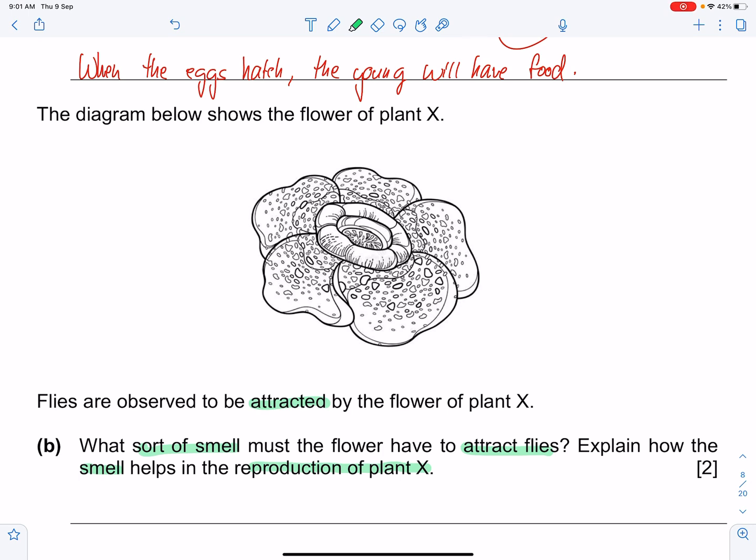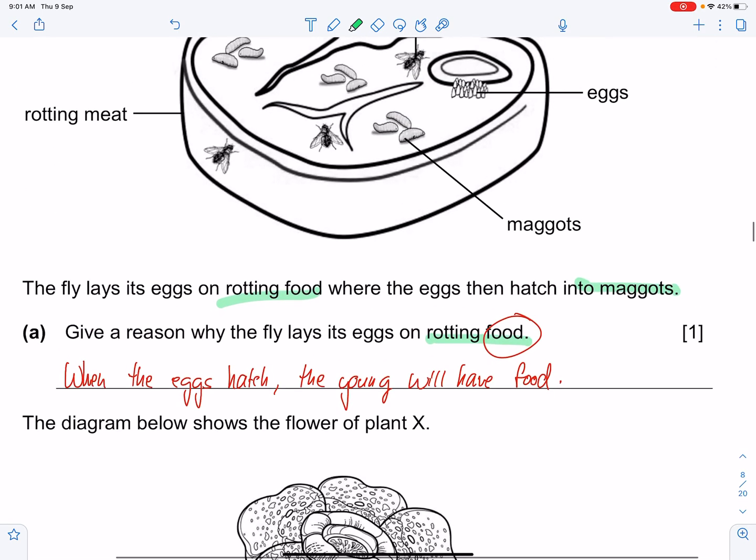You know what some of you did? One good quarter of you wrote sweet smelling smell. Excuse me, they already told you here that the fly is laying its eggs on rotting food.